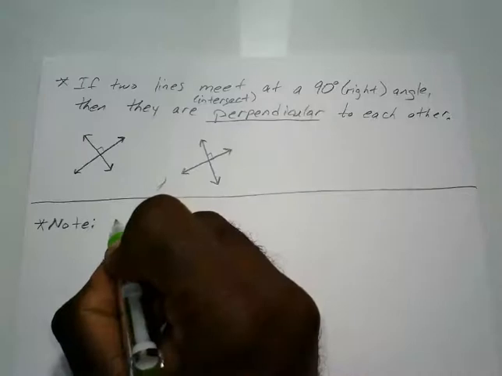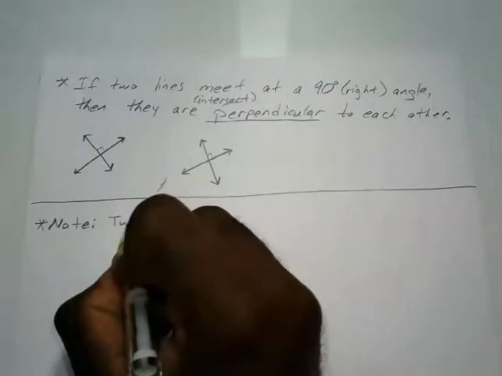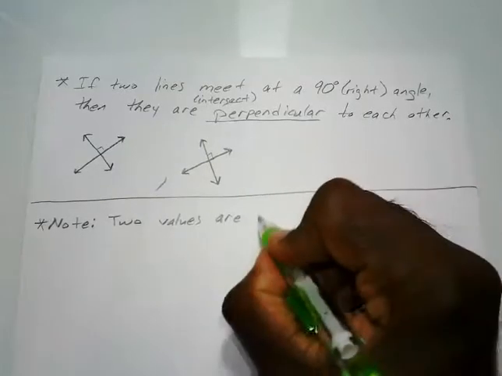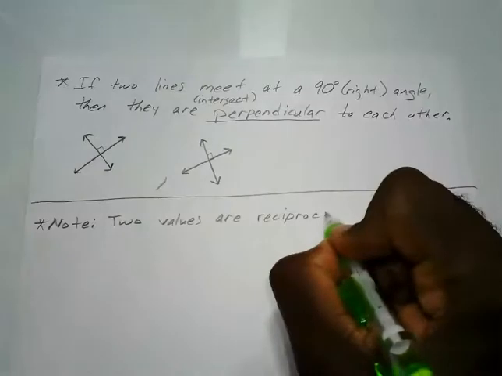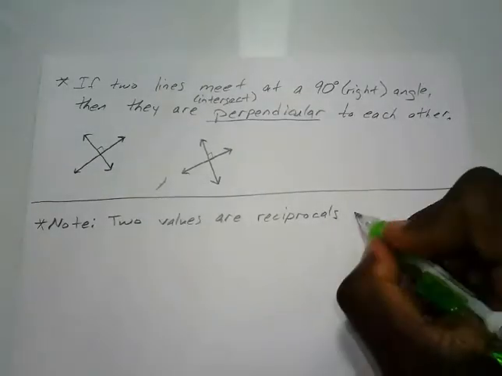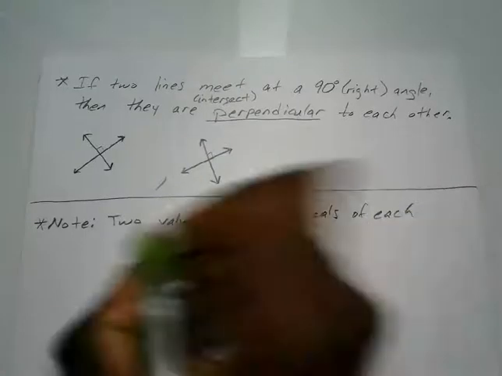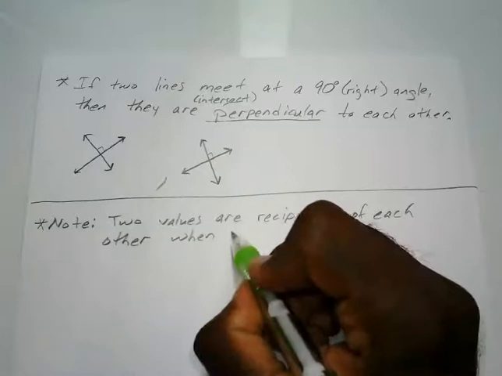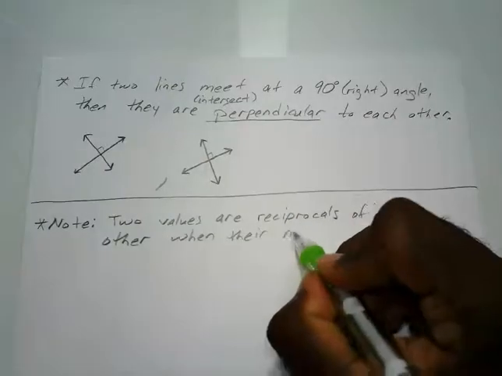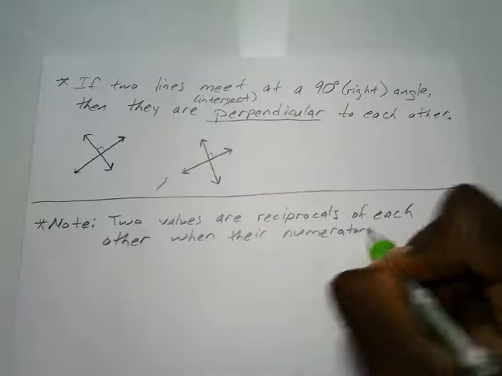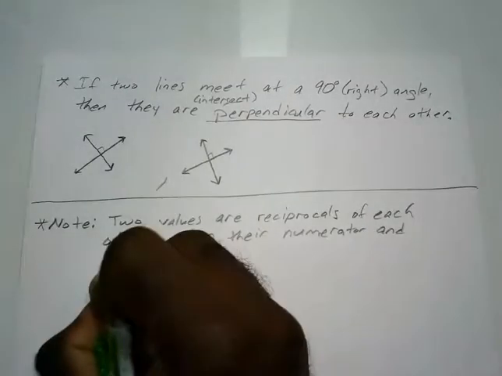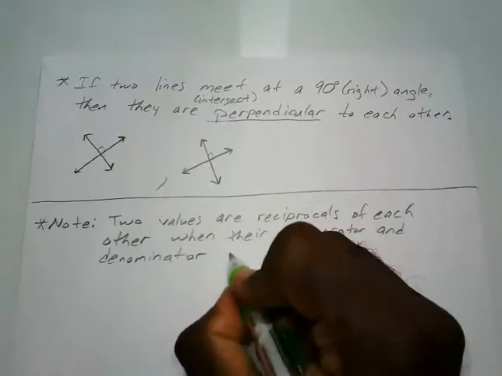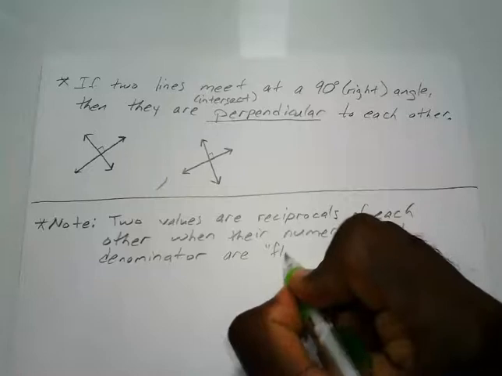Two values are reciprocals of each other when their numerator and denominator are flipped.